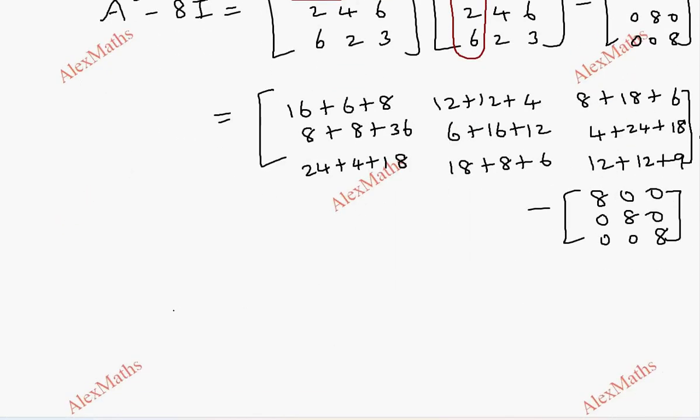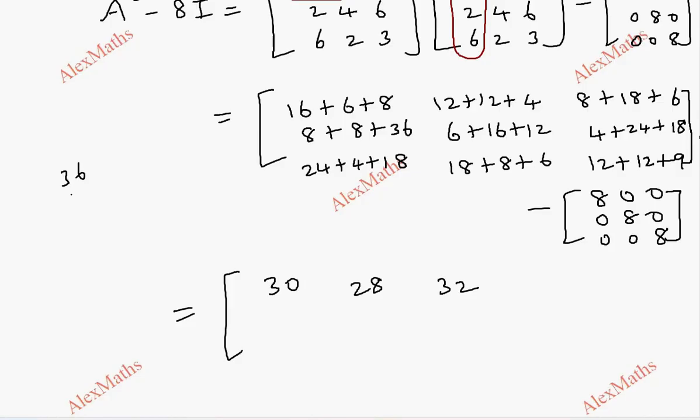Now the first one is 16 and this is 14, so 30. This is 12, 12, 24, 28. Then again 18 plus 14, which is 32. Then again this is 16 and 36.